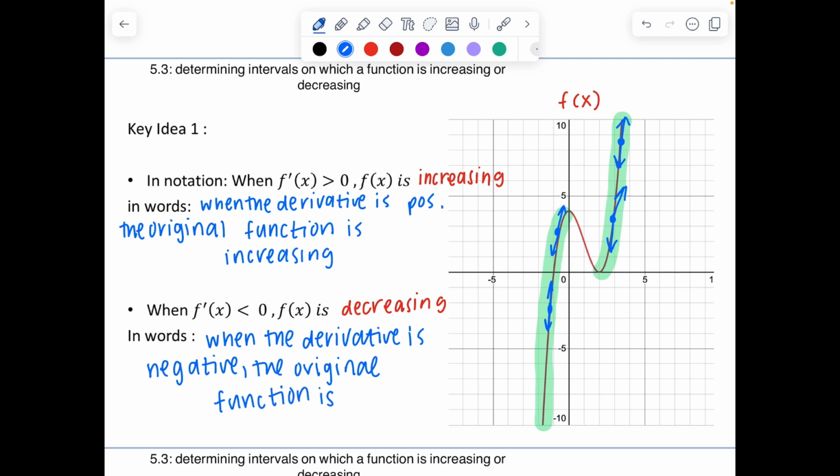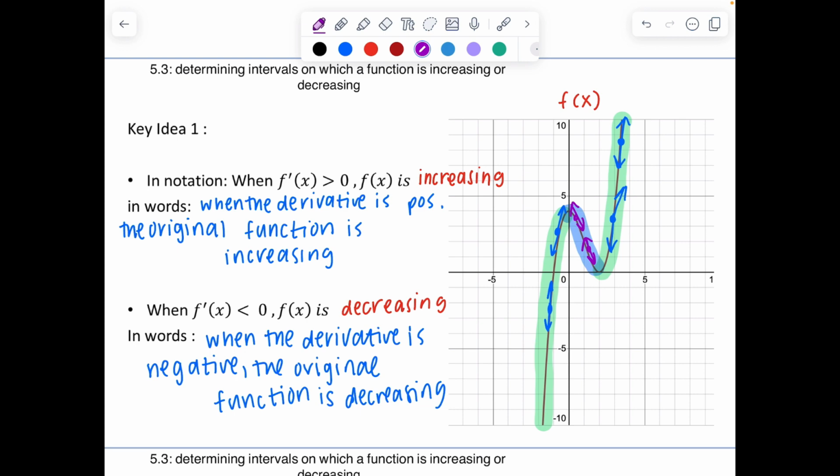So if you look at that one section I haven't highlighted yet, so I'm going to highlight the new section. This section right here is decreasing, and any tangent line I would draw on this section, the slope would be negative, which means the derivative is negative there. And so after we've done this so many times, people realize that these rules had to be true.